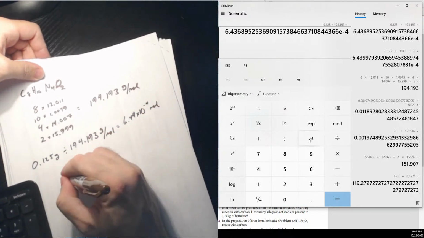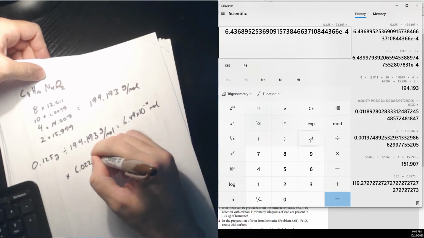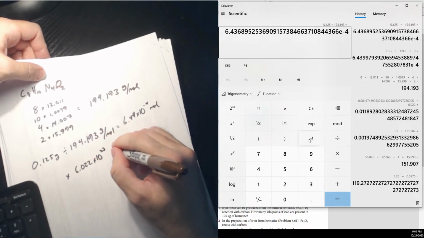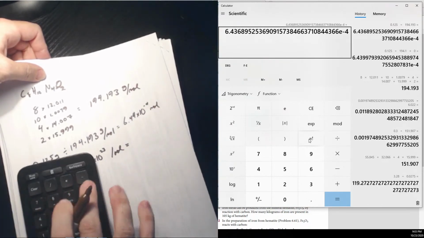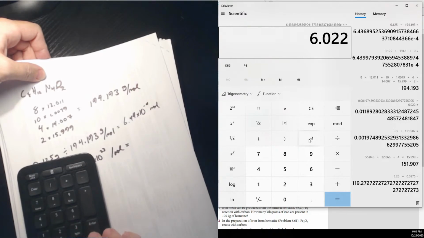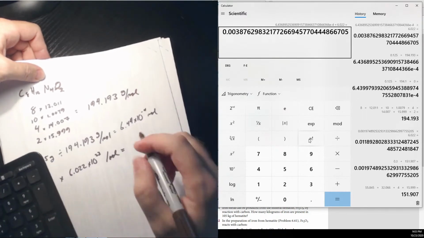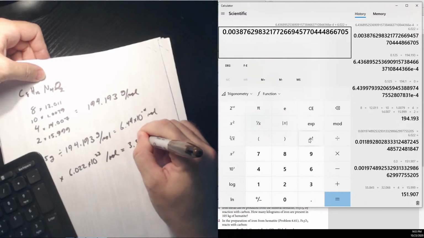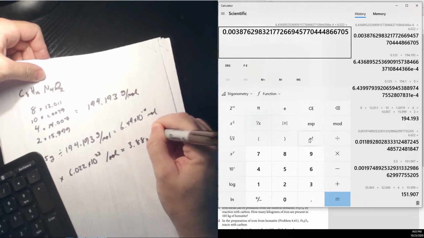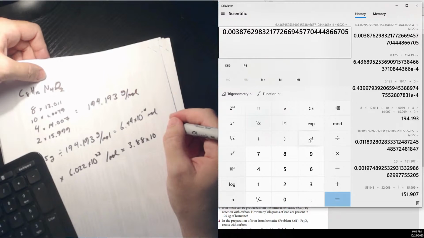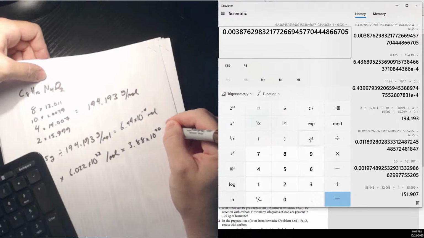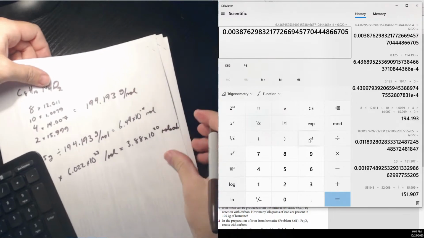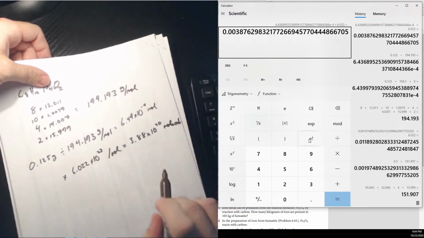And then how many molecules? Well, we're just going to multiply that by 6.022 times 10 to the 23rd. That gives 3.88 times 10 to the 20th molecules.